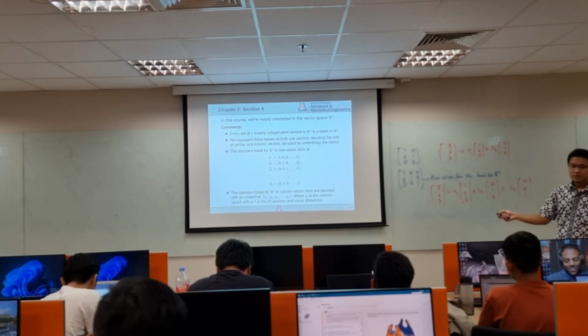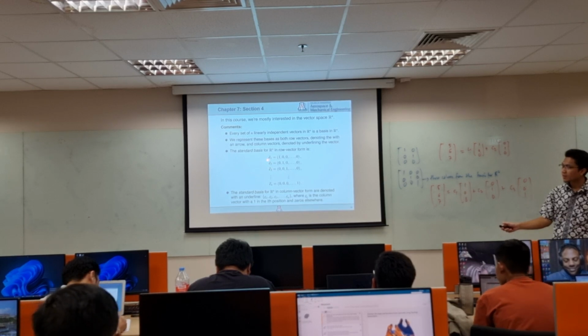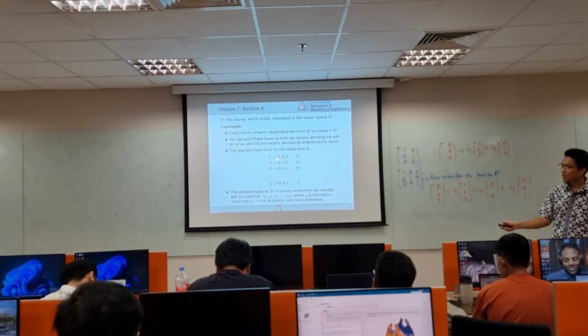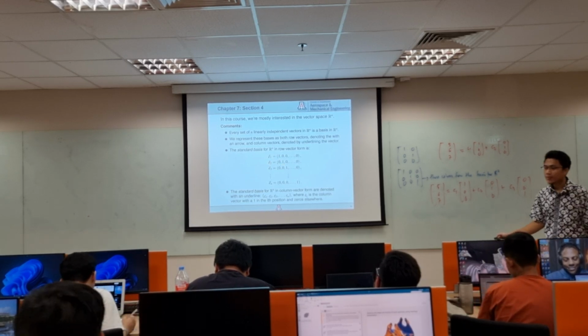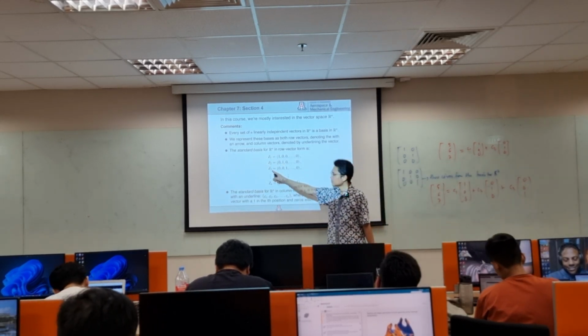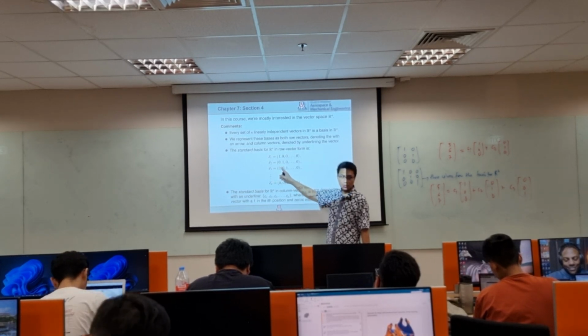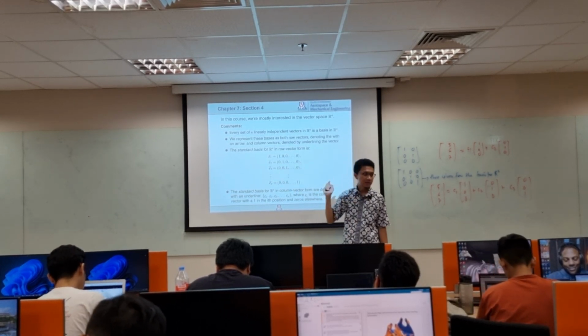Okay, a notation now. If it is E1, then this is a 1, the rest are 0. E2 is 0, 1, and so on. So the subscript corresponds to the non-zero element in that vector.